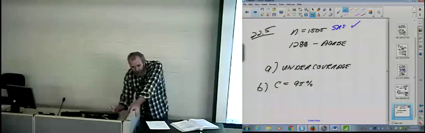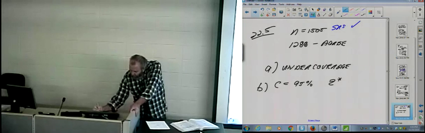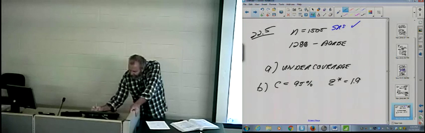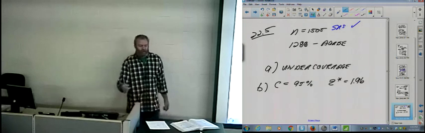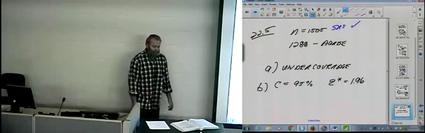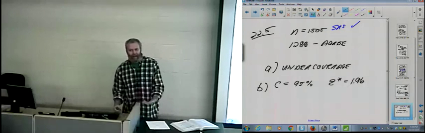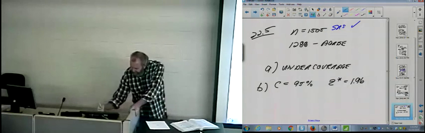I know if I want a confidence interval and the confidence level is 95%, my Z-star is 1.96. It comes off Table C in the back of the book. You may have done enough problems now you got it memorized. Okay. I need to find my sample proportion, my p-hat.